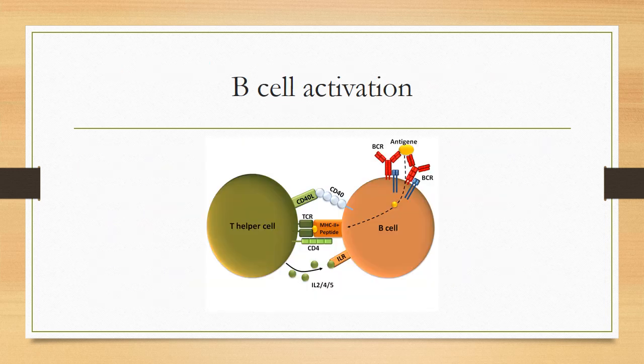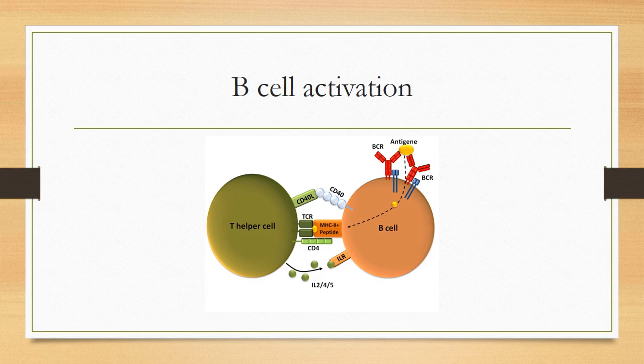Here we have a diagram which explains it very well. This diagram explains the activation of B cell. Here we have a T helper cell which recognizes the MHC 2 complex on the surface of B cell by using this T cell receptor.